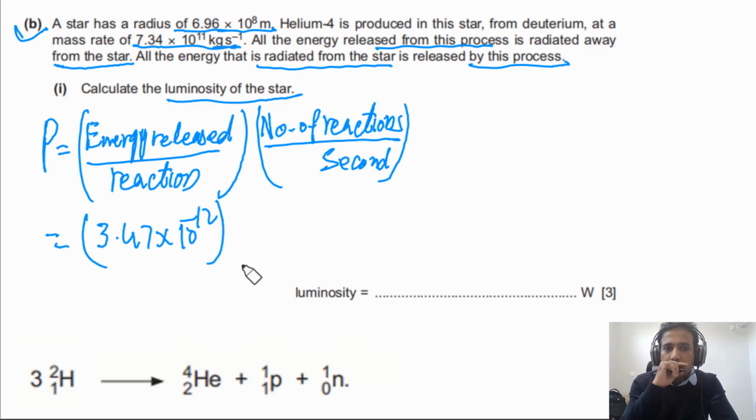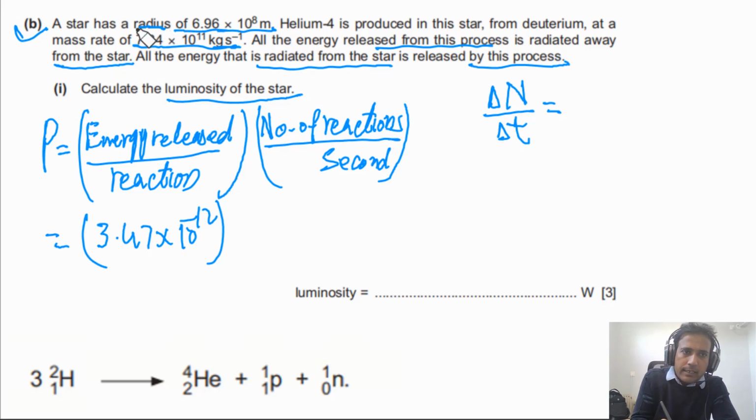Now we need to calculate the number of reactions per second. So how can we calculate this? I'll write here number of reactions, delta n by delta t. To calculate the number of reactions per second, it is given to us the mass released in 1 second.